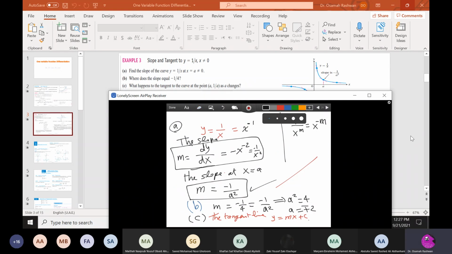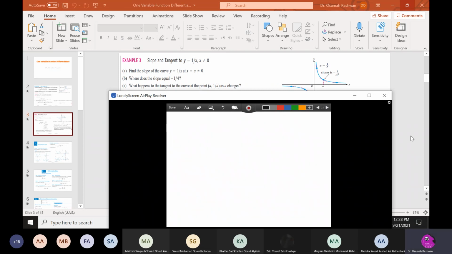At x equal to a, y is 1 over a, right? So the tangent is a line with equation y equals mx plus c. m is minus 1 over a square, right? So y equals minus 1 over a square times x plus c. And he said at the point a, 1 over a.